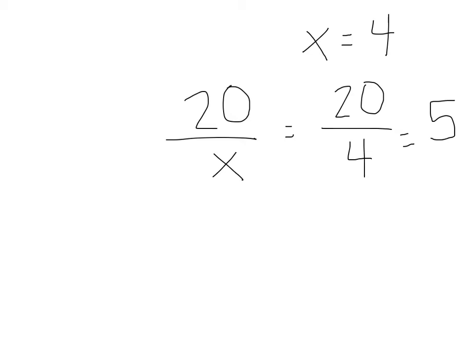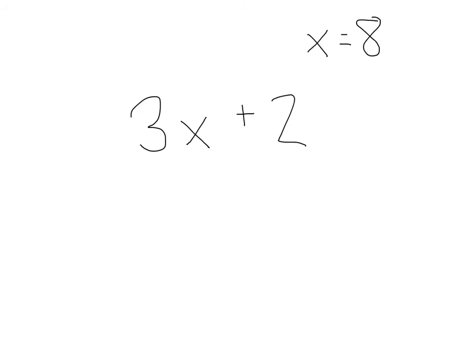Let's try one last problem. Making our equation just a little bit more difficult, I might decide to have an expression that looks like this: 3x plus 2, where x equals 8.